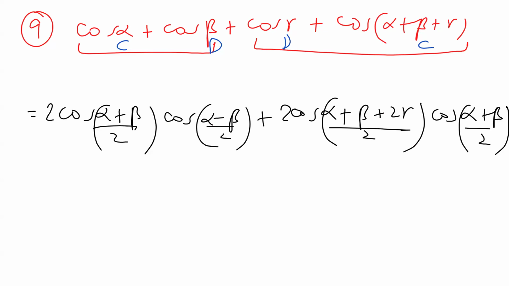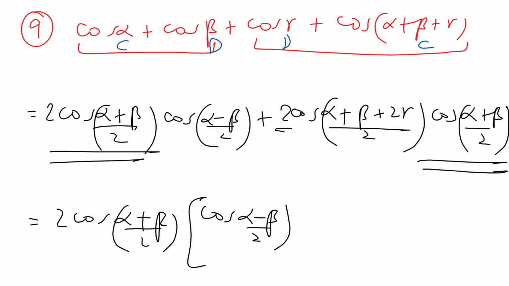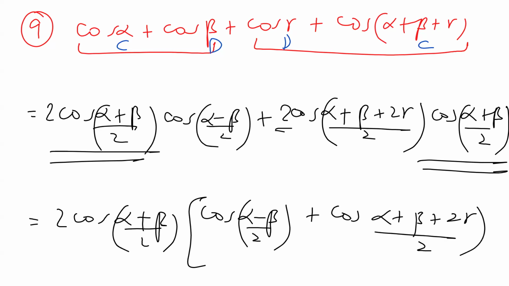Alpha plus beta plus gamma minus gamma, gamma is gone. Now we are left with these common terms: 2 cos((alpha plus beta)/2) within the bracket cos((alpha minus beta)/2) plus cos((alpha plus beta plus 2 gamma)/2).